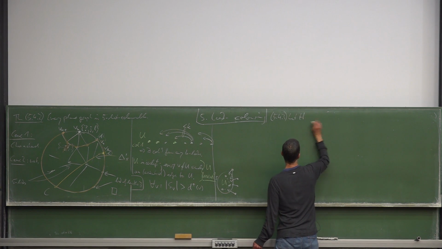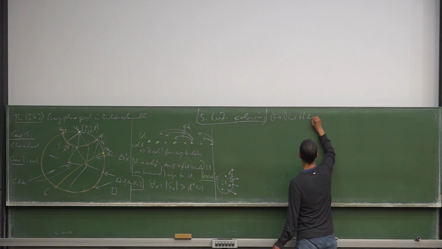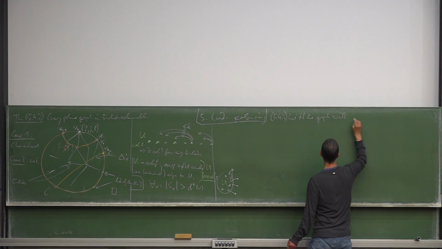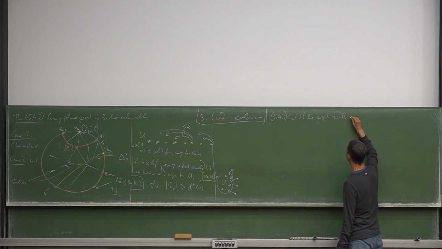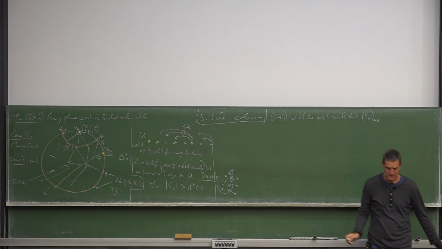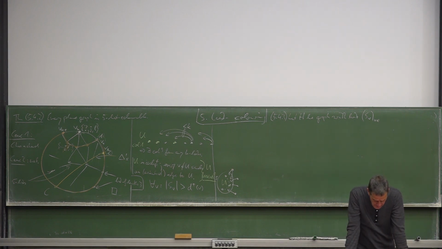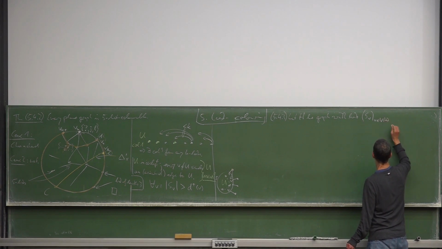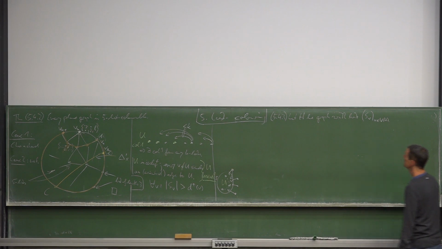Let H be a graph with lists at the vertices. A graph with lists at the vertices.